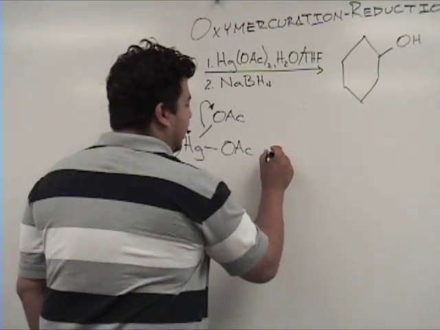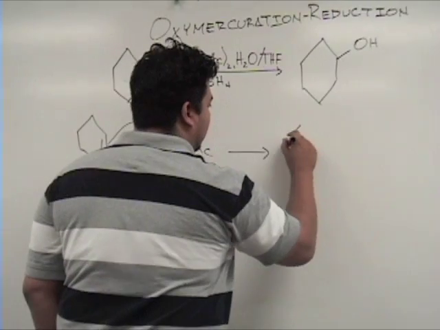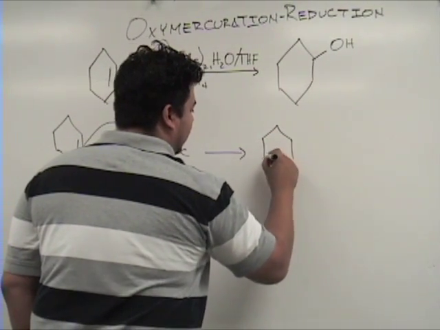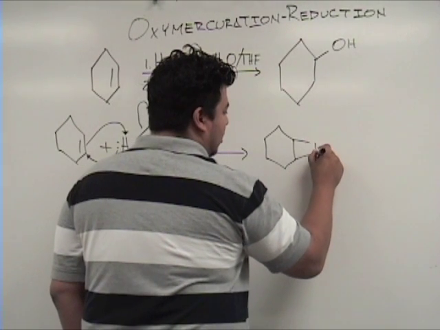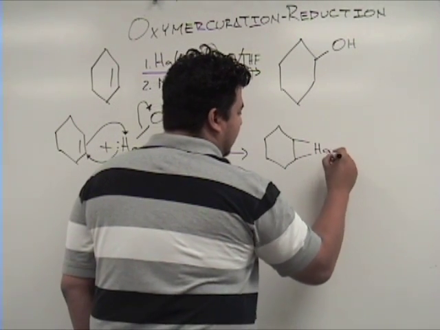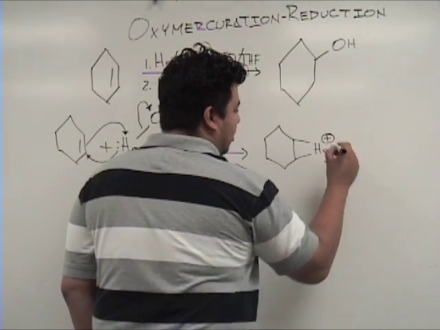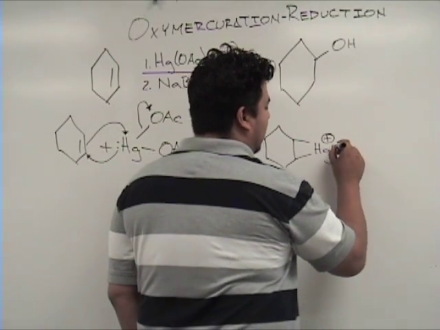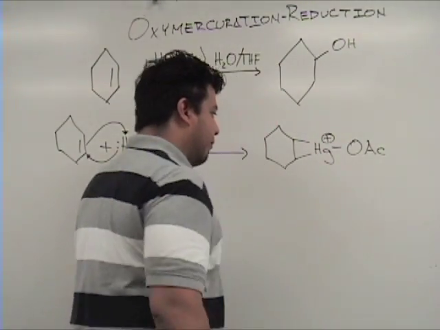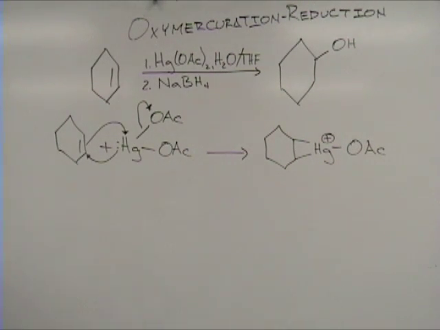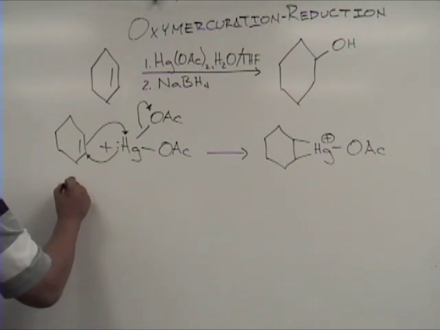So the product of this would look like our cyclohexane with a cyclic structure with the Hg with a plus and then OAc. Then we're bringing the water.